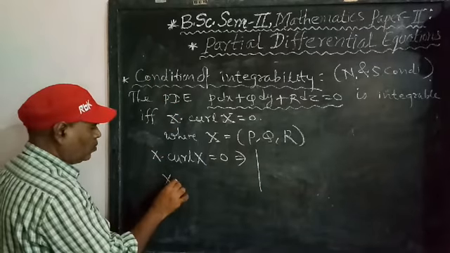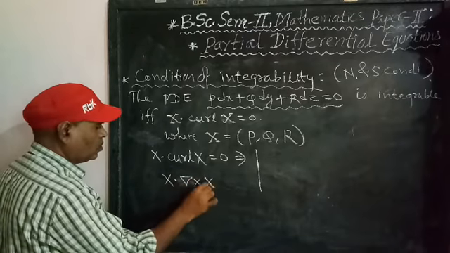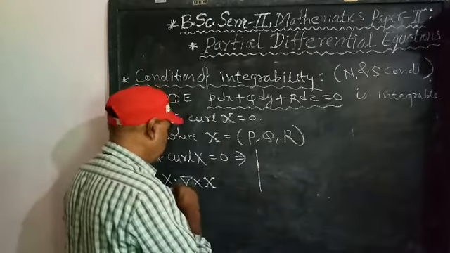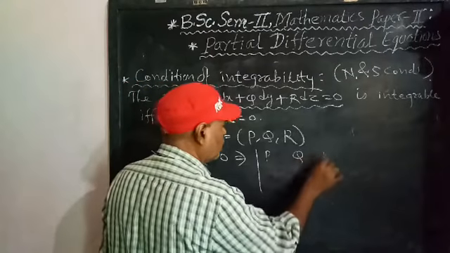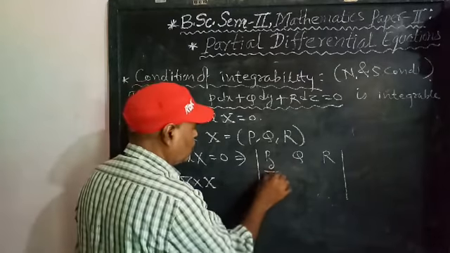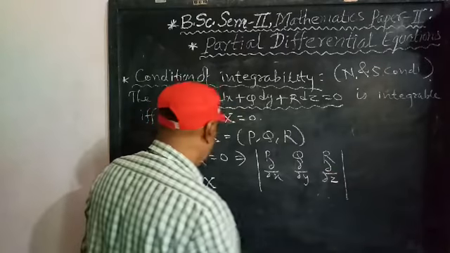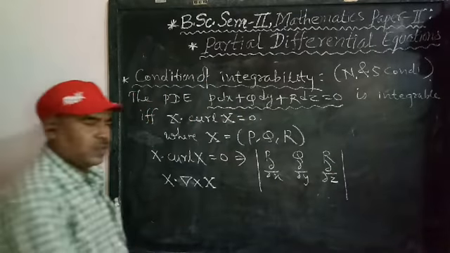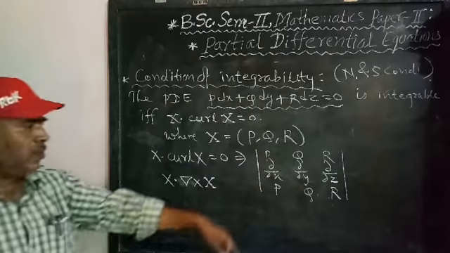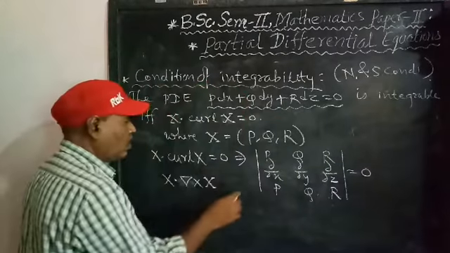X dot curl means del cross X. Here X is given by PQR, del is given by del x, del y, del z, and again X is given by PQR. Now, solving this determinant, you know how to solve, equal to 0.